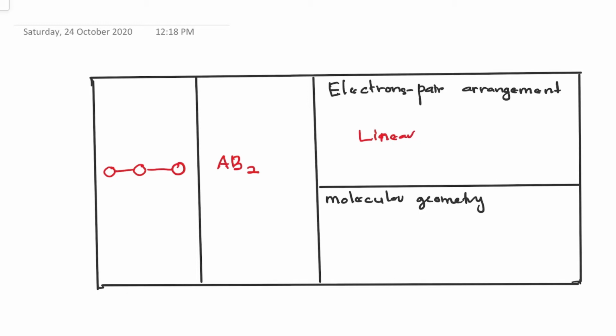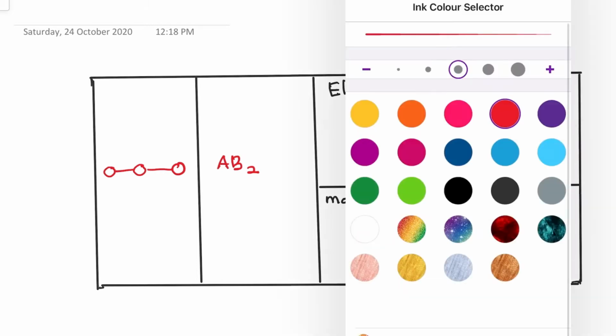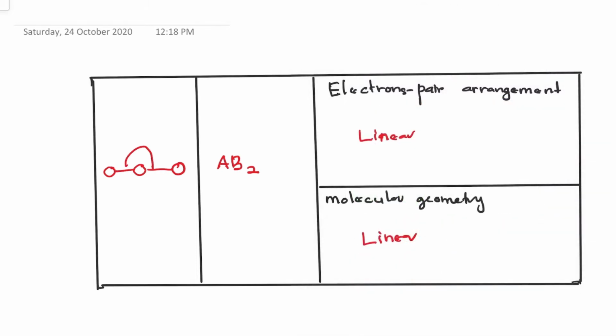Since the repulsion between all bonding pairs is equal, the molecular geometry is also linear. And the bond angle is 180 degrees. For linear, we don't have any lone pair because the minimum number of atoms that should bind to the central atom is 1.